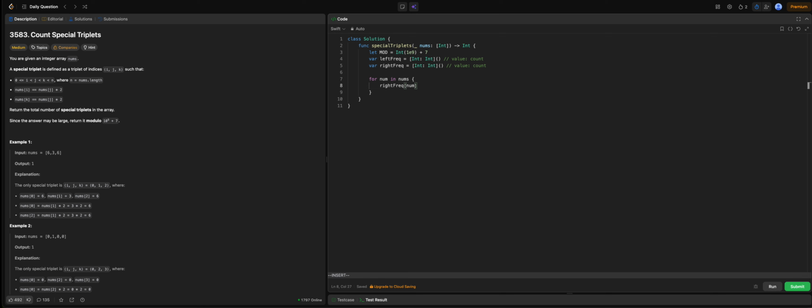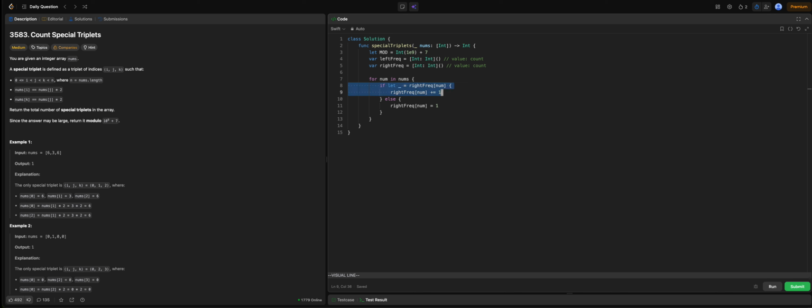Originally, if you are used to Swift, how we usually write it is: if let value is in right frequent of num, then we straight away update it with plus equal 1, and if not, it will be 1 for our case.